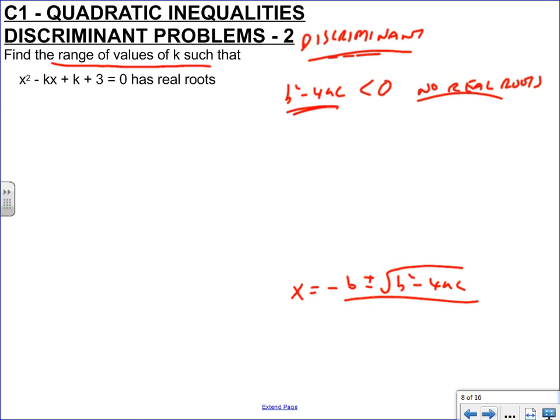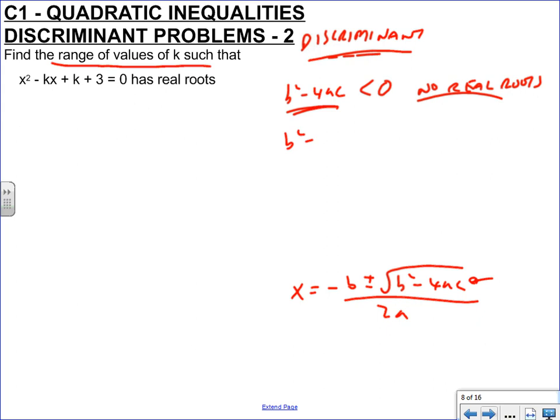So this is why this whole no real roots thing has come into play, because if b squared minus 4ac is negative, you'll be square rooting a negative number, which we can't do. I know some of you might be thinking about the imaginary number i, but you're still not square rooting a negative. That's more technical maths, but we can talk about that later if you're doing further maths. Okay, so you can't square root a negative, therefore it doesn't have any real roots.